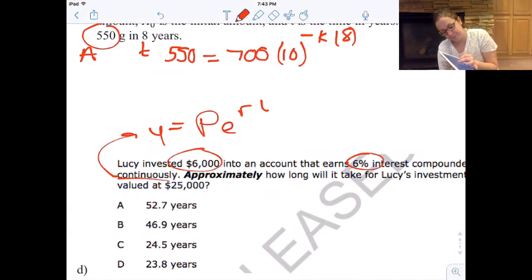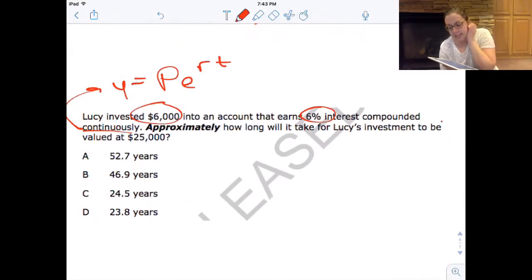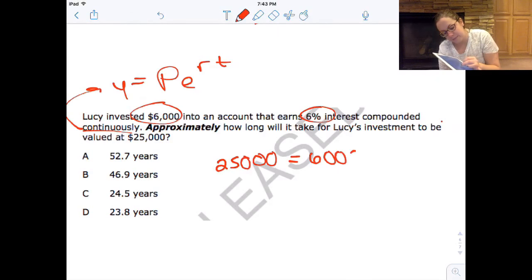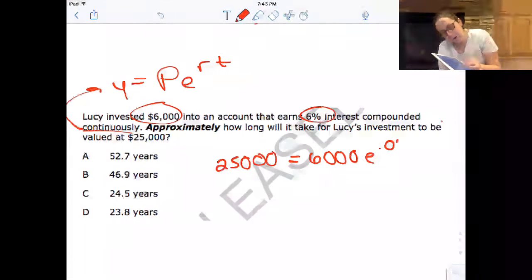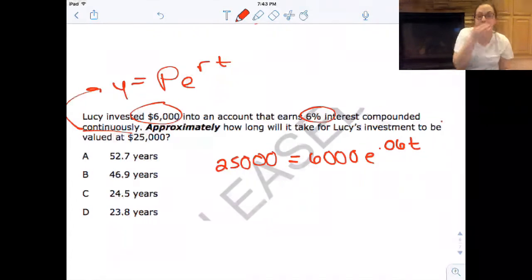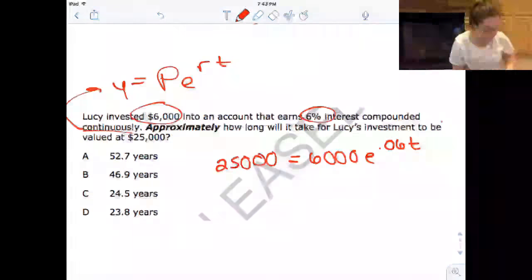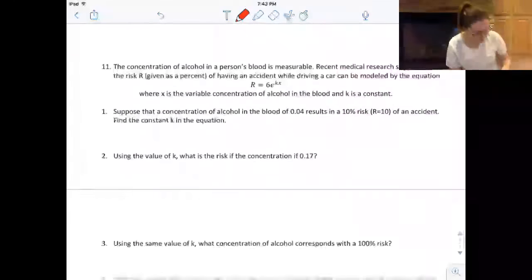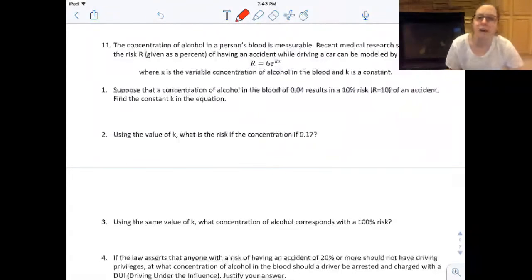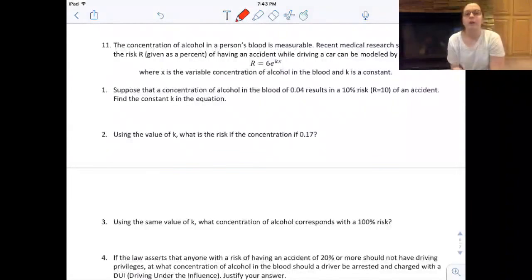Okay, so let's do some where we need to figure out this k thing. So, the concentration of alcohol in a person's blood is measured. Medical research suggests that the percent risk of getting in an accident can be modeled by this equation. x is the concentration of alcohol in the blood, and k is a constant. So, suppose that a concentration of alcohol of 0.04 results in 10% risk.